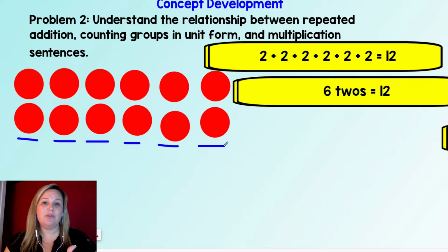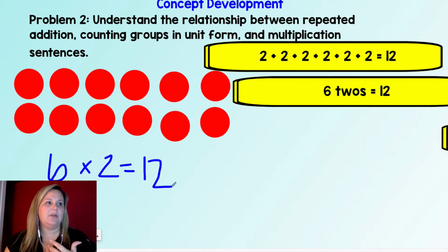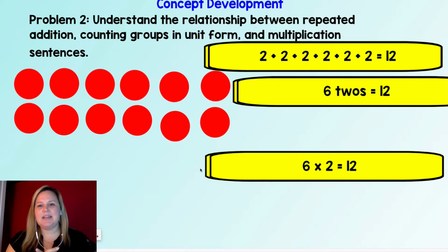So there's 6 groups. And then your second number in your multiplication sentence is going to be how many are in each group. I know that there were 6 groups, and I know that there are 2 in each group. I know it's going to be 12. Let's see if it matches what I thought of the first time I was solving this problem. Ta-da! It does. So I have 6 groups of 2, so 6 times 2 equals 12.